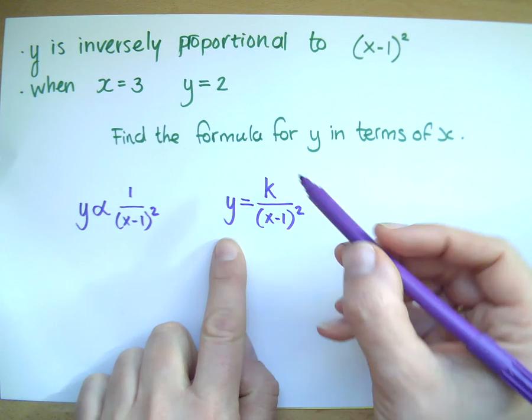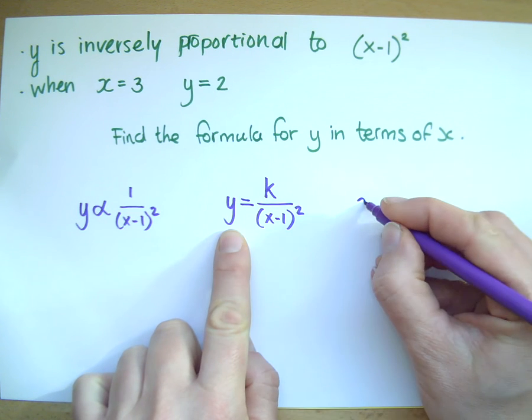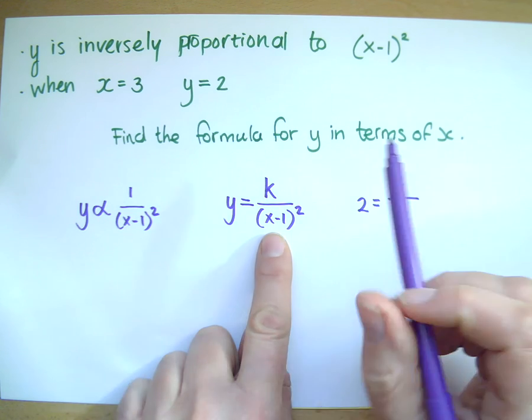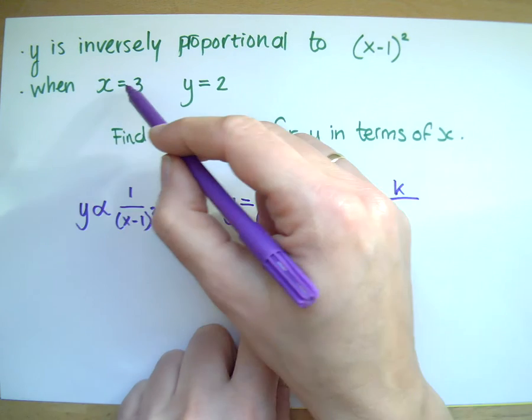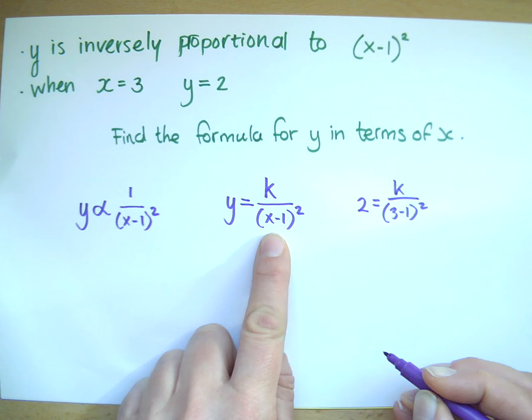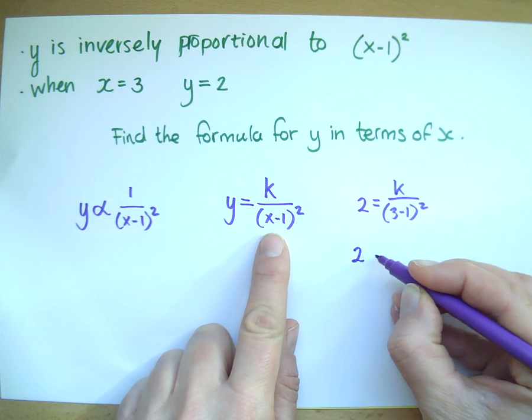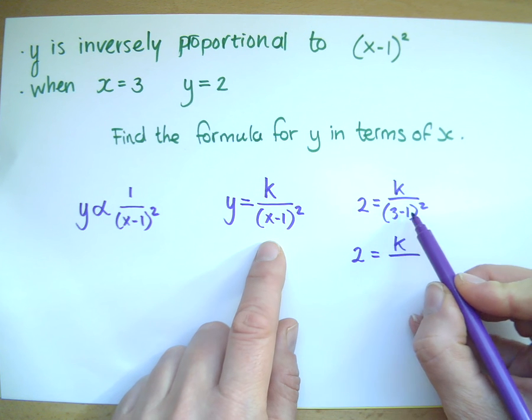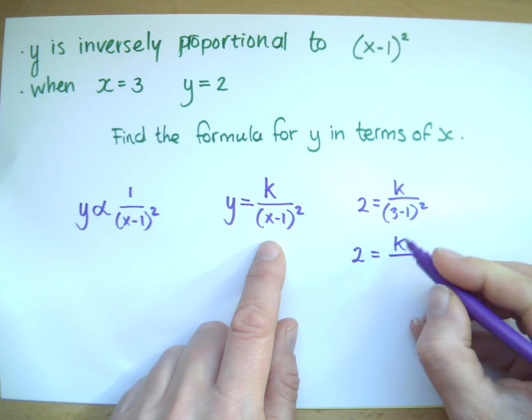So let's do that. Let's plug in 2 for y. 2 equals this k that we're looking for, divided by 3 minus 1 squared. 2 equals k divided by, well, 3 minus 1 is 2. 2 squared is 4.